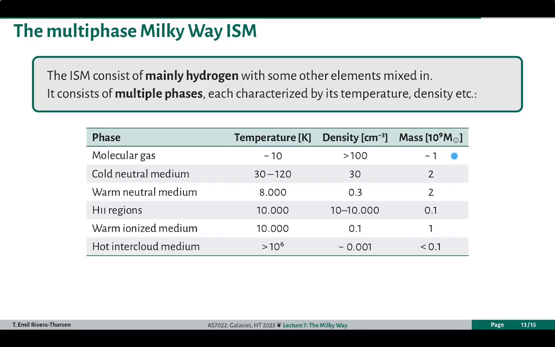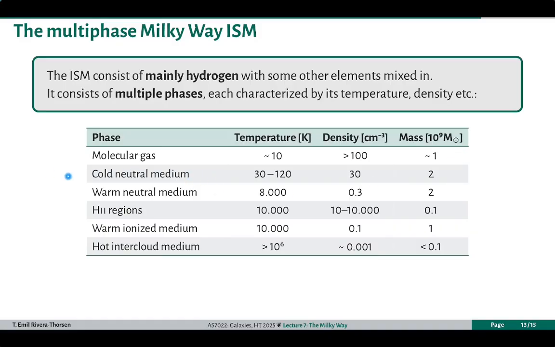And the total mass of molecular gas in the Milky Way is about 10^9 solar masses, so about 1 billion solar masses, but it is still a relatively modest fraction of the total gas mass of the Milky Way.